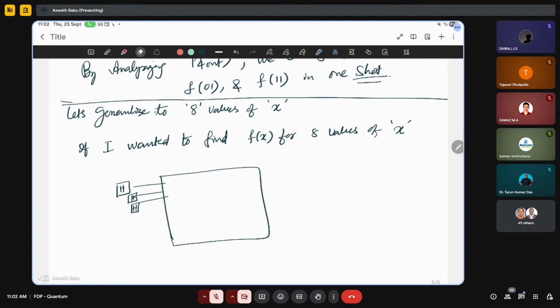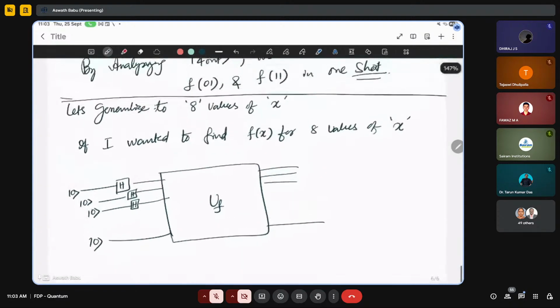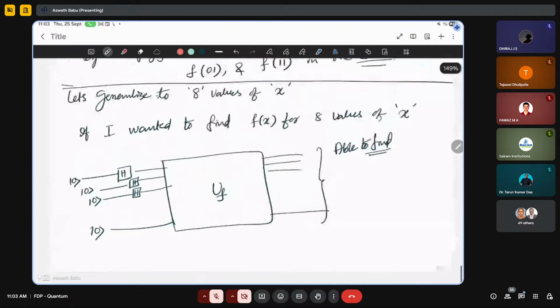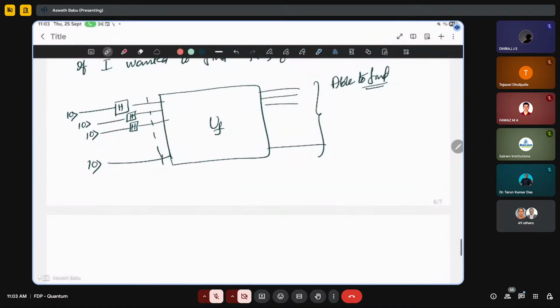I will take all of them in zeros. The target is also in 0. I will be able to find what the 8 possible situations are. Now at this point, this is the control register.